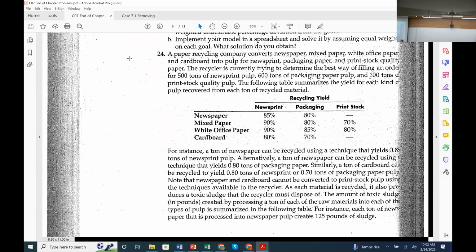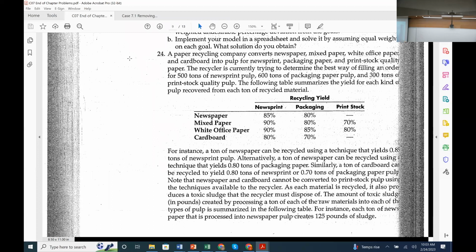So the backstory here is we operate a paper products recycling plant. We have 4 different feedstocks, and we're producing 3 kinds of products. Xij is going to be tons of feedstock i we use to make product j. It has kind of a transportation feel to it because it's double subscripted.